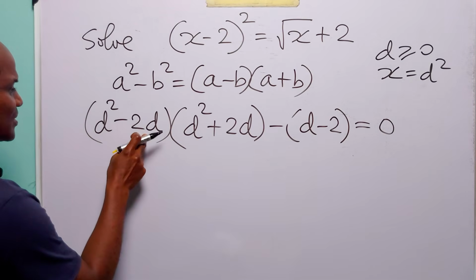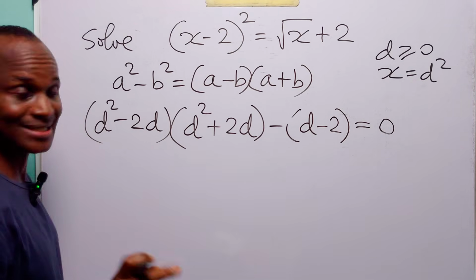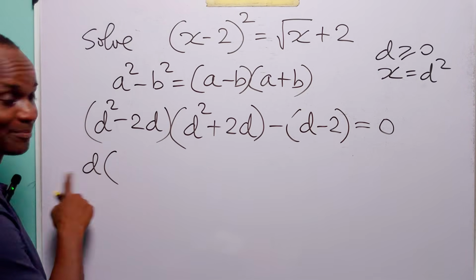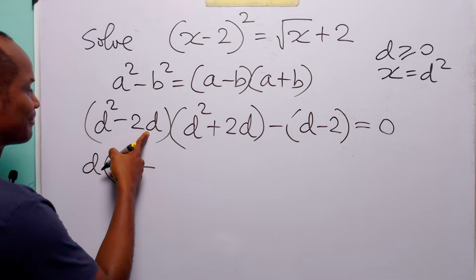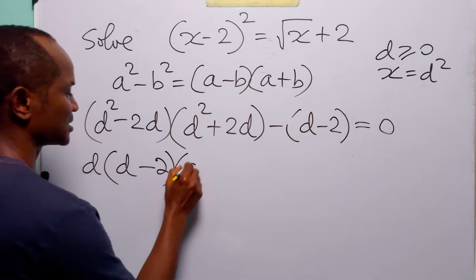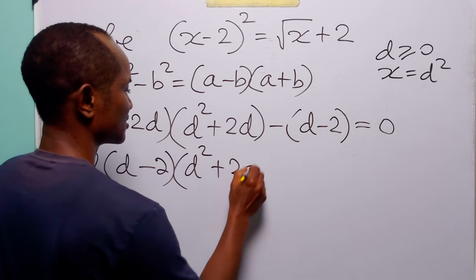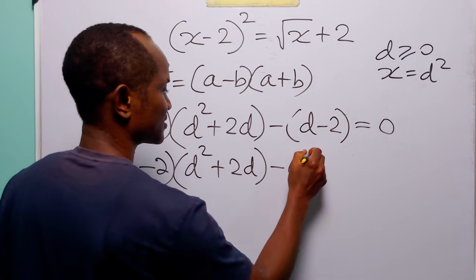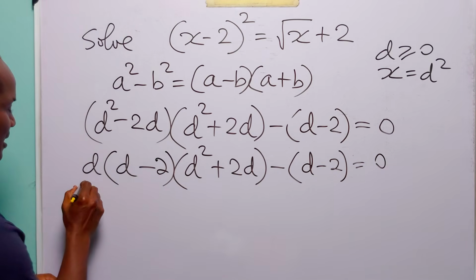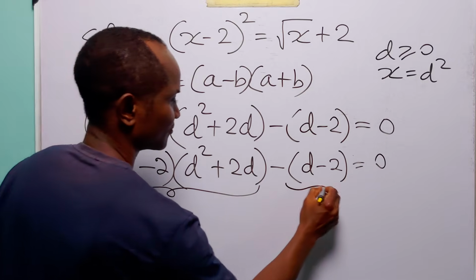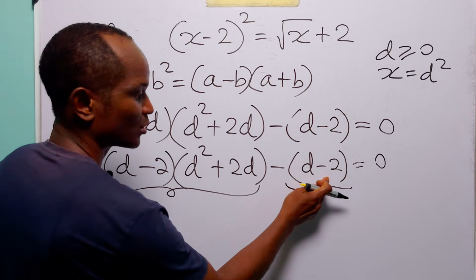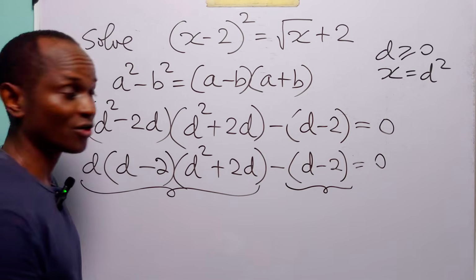Now, when you look at these two terms, you're going to see a common factor, which is d. So here we have d into (d squared divided by d is d, and minus 2d divided by d is minus 2). And of course, we still have d squared plus 2d minus d minus 2, and this is equal to 0. Now look at these two. You can see that here we have d minus 2, and here we also have d minus 2, so we can factorize that.